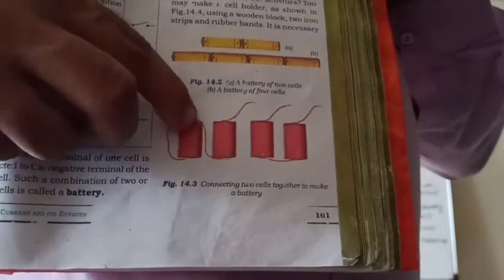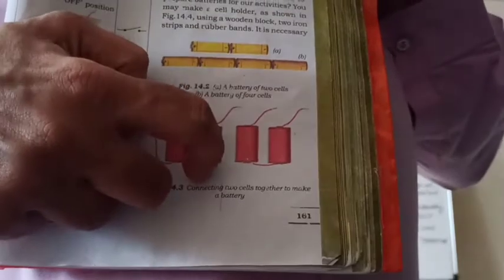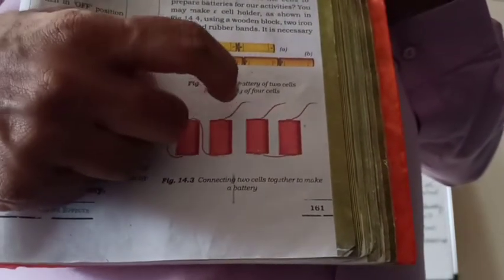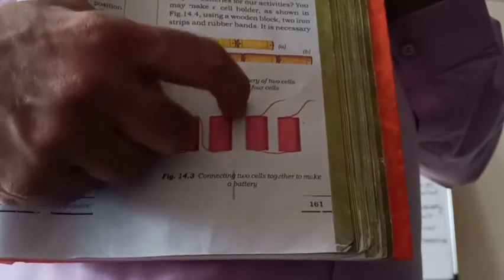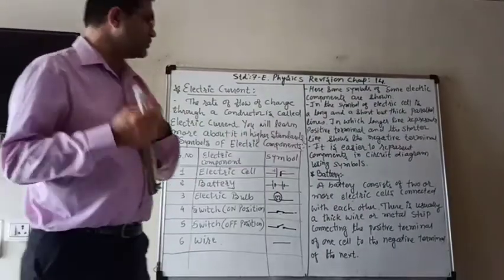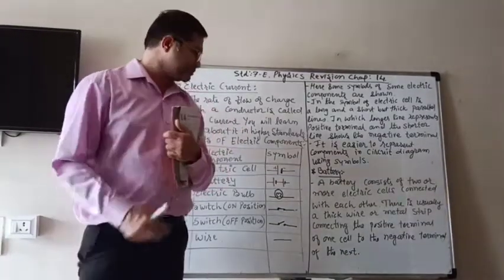You can see that the positive terminal is connected with the negative of the other one. So we have to connect them as the positive and negative terminal alternately.